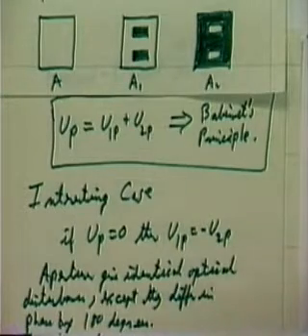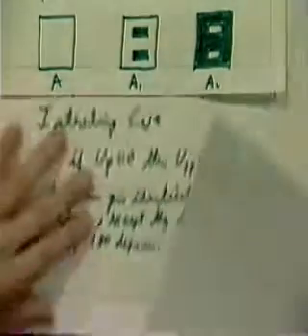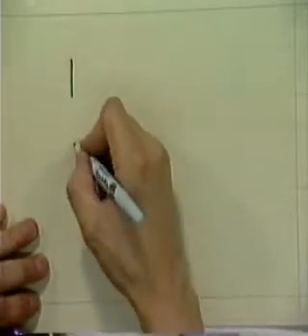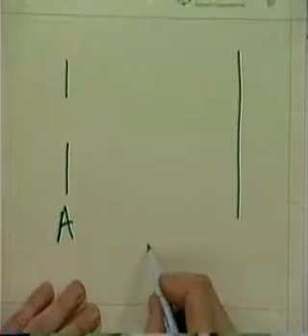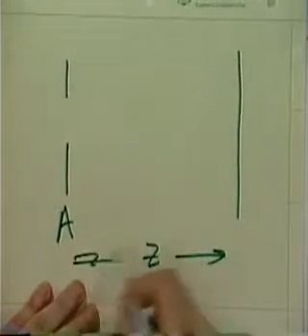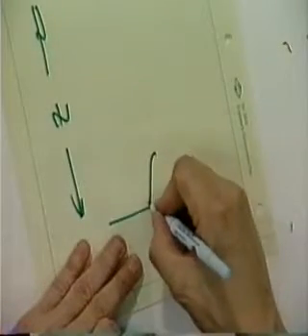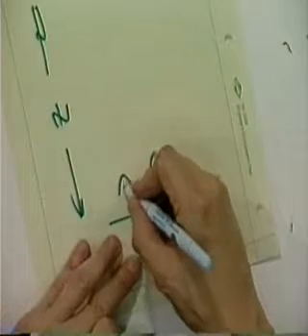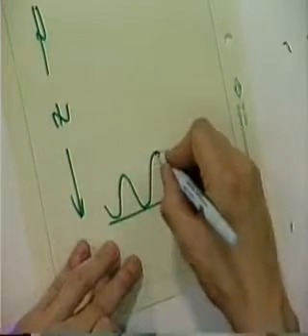Let me explain what I mean by locations. Let's say I have some aperture here. This is A, and I come over here a distance z away. And maybe my diffraction pattern over here looks like this.